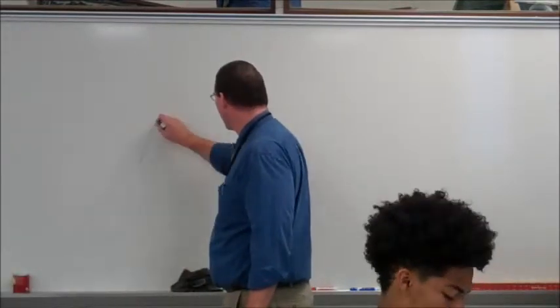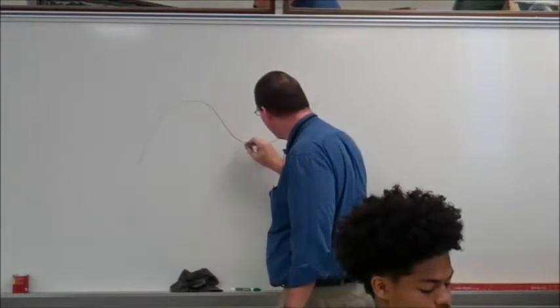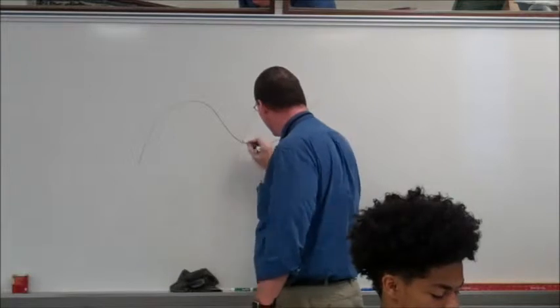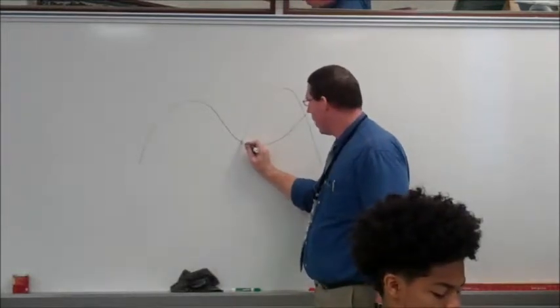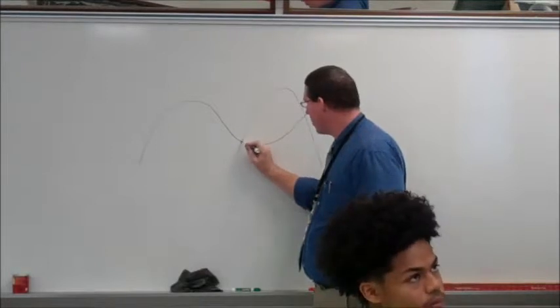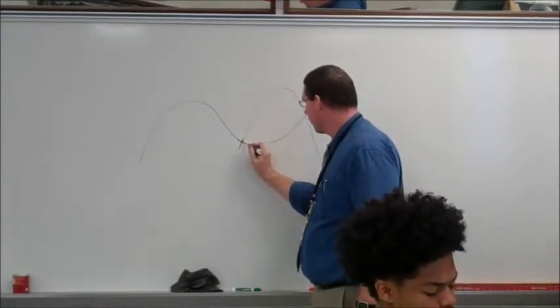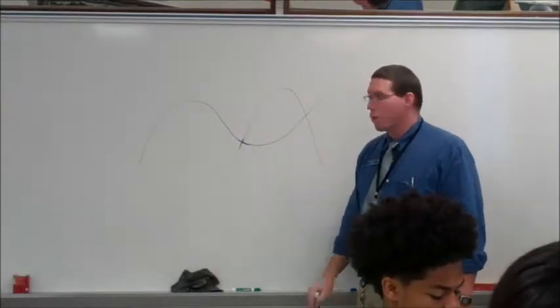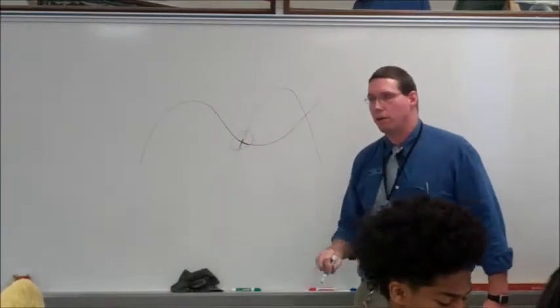Let's say you have a curve that does this, and another curve that does this. The line tangent at this point to this curve looks like this, and the tangent to this curve looks like this, and they cross at right angles. So at that point, these two curves are orthogonal.